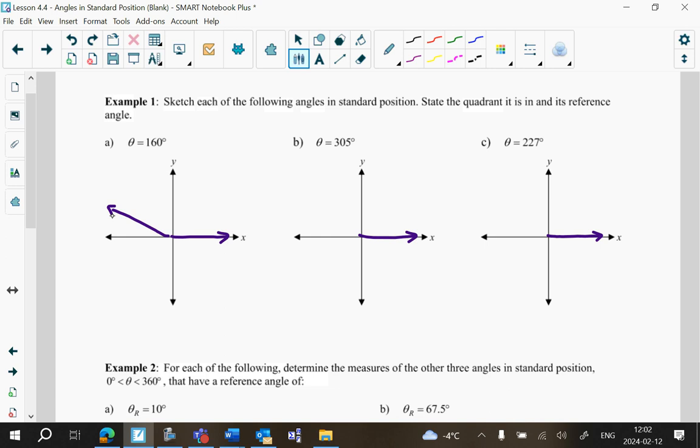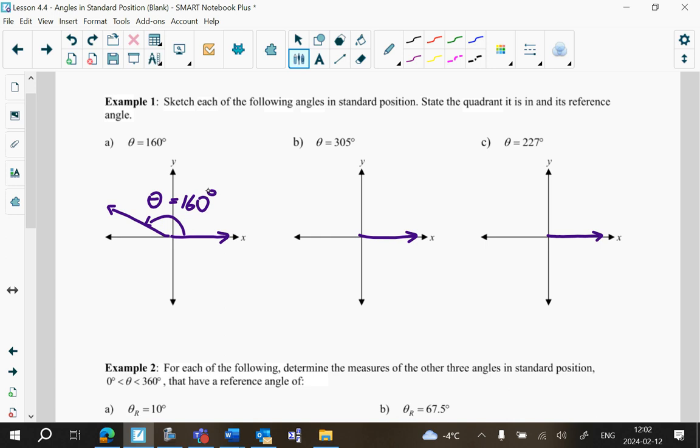We want it more than halfway between 90 and 180. Okay? So that's theta is equal to 160. Do you have to be perfect? No. But if you drew the arm up here, you're not sketching it correctly.